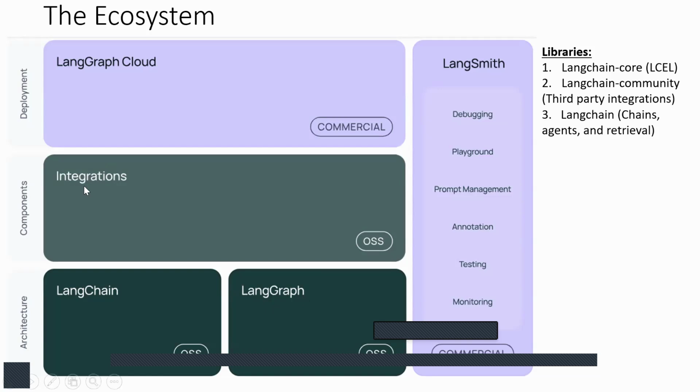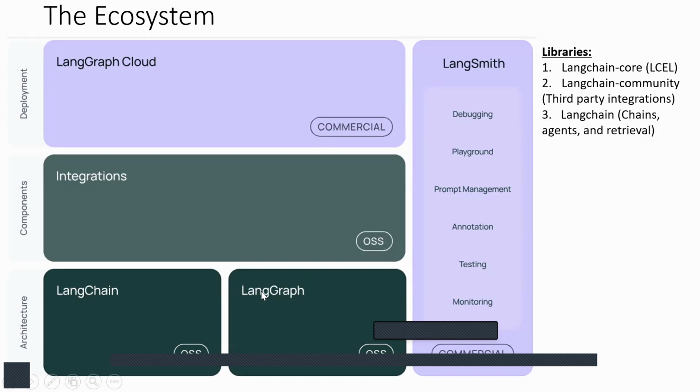And then, as I said, it has a lot of integrations with vector databases and with a lot of LLM providers, like Google models, Anthropic models, OpenAI models, Claude models, and all those. The other component of the ecosystem is LangGraph Cloud, where you can deploy your applications as well.